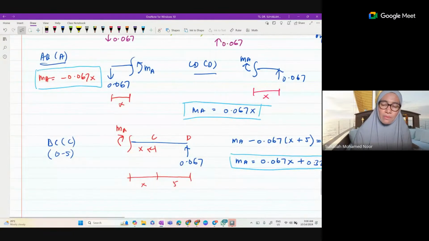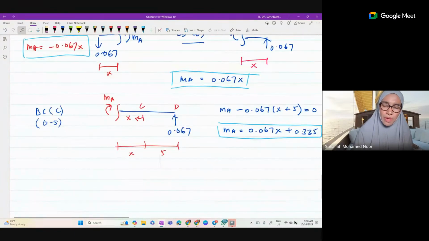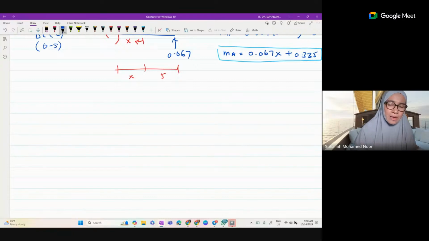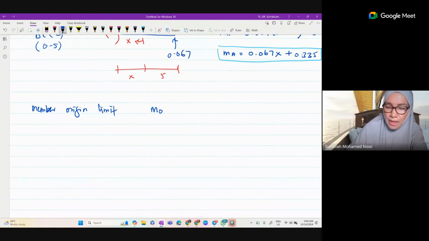Okay, so we have all the moment equation. So all this moment equation, kita buat table untuk summarize all moment equation. Member, origin, limit, M naught and MA. One is for primary beam, one is for redundant beam. So member tadi we have member AB, member BC, member CD.